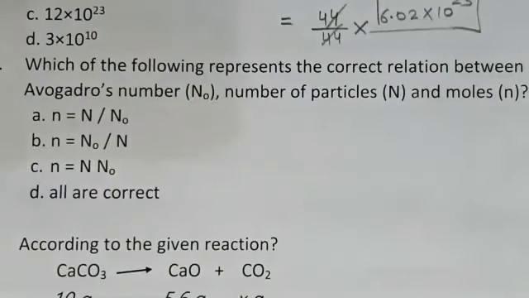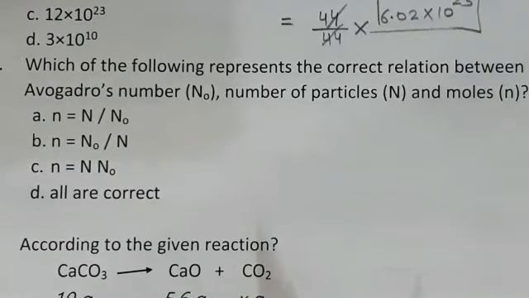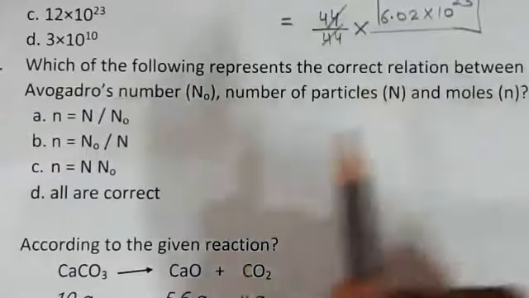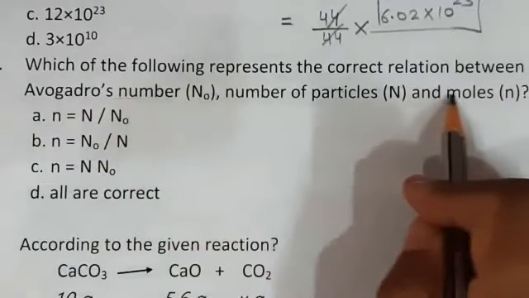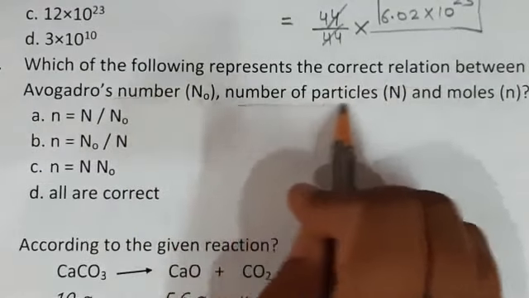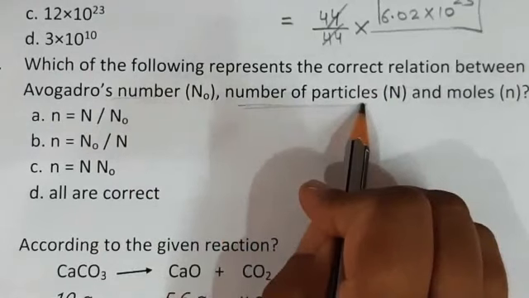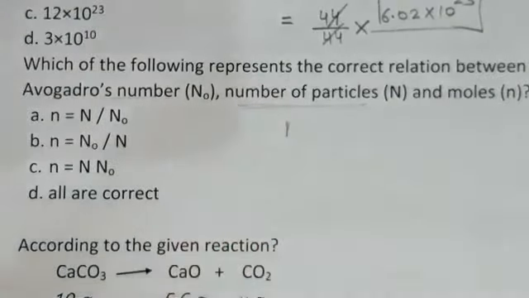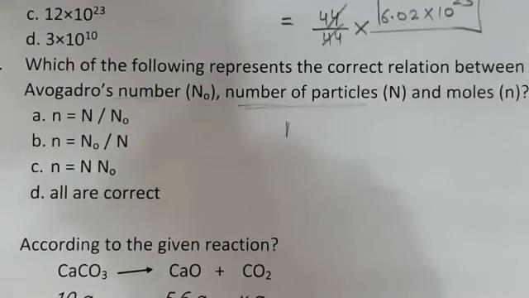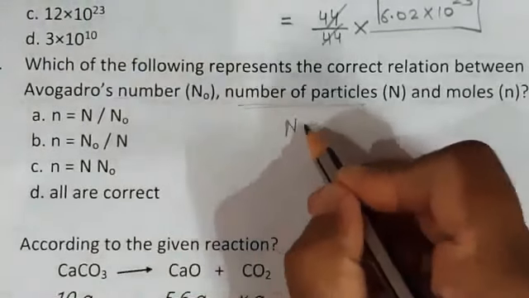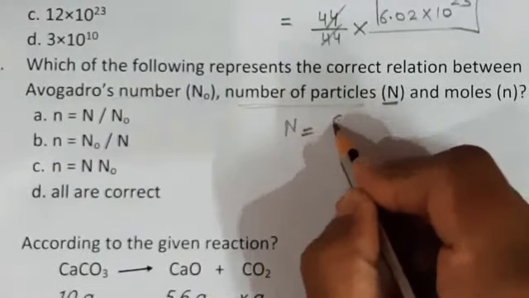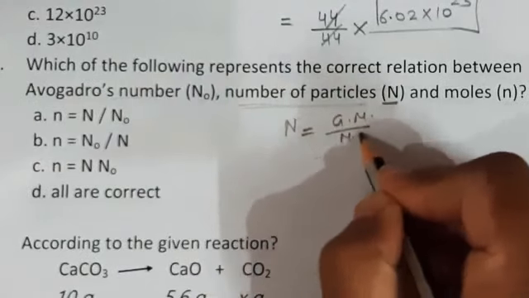Question number 24. Which of the following represents the correct relationship between Avogadro's number, that is N0, number of particles, capital N, and moles, small n. So if you see these three things, number of particles means number of atoms or number of molecules.